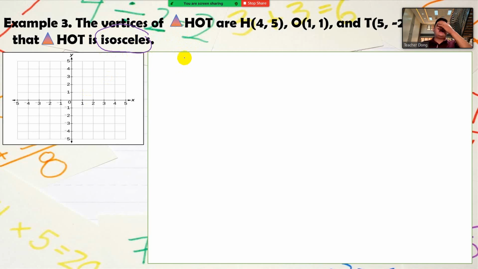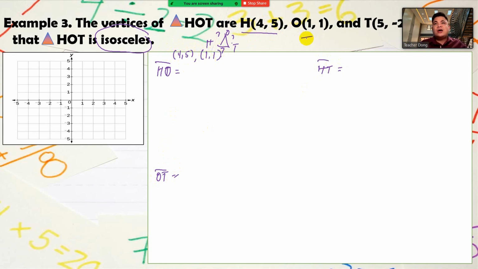Now, we are going to prove if HOT is isosceles. For us to say that, we have to have at least 2 sides that are congruent. So if we draw the triangle HOT, we need to solve for segment HO, segment HT, and segment OT, using the distance formula. The points for HO are H (4, 5) and O (1, 1).